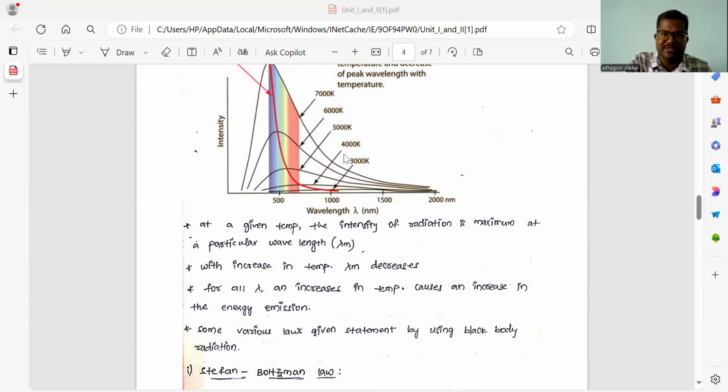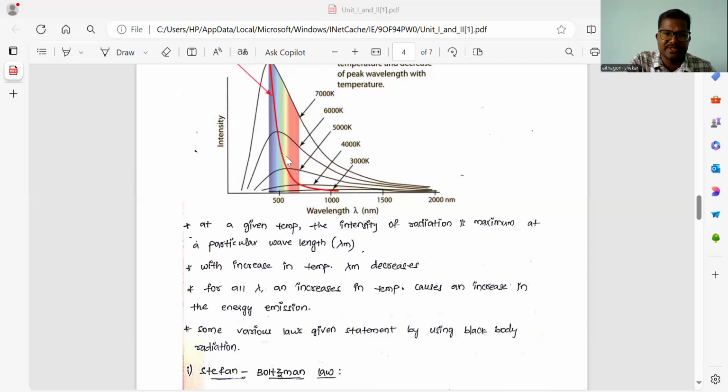Suppose the spectrum temperature increases. Suppose at 3000 Kelvin the peak wavelength is at this point. At 4000 Kelvin, the peak wavelength decreases. At 5000 Kelvin, the temperature increases and the peak wavelength decreases.